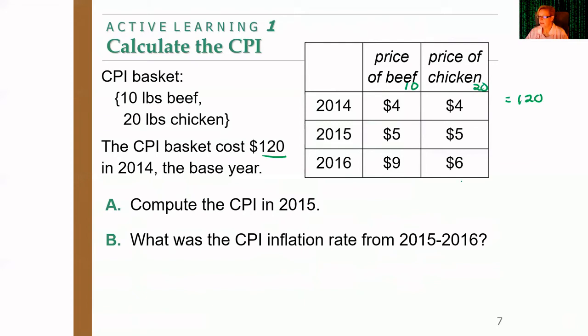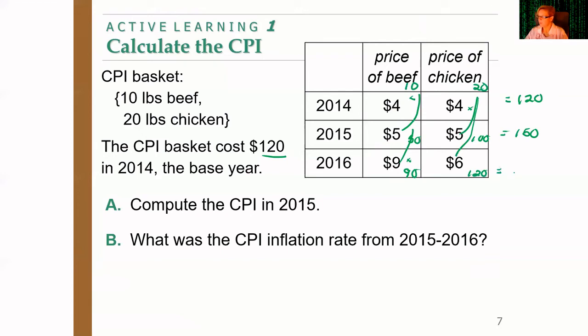So the easiest way to start is just to kind of do the basket's cost for each year. So I'm going to take 5 times 10 is 50. 5 times 20 is 100. So I end up with 150 as my basket's cost. 9 times 10 is 90. 6 times 20 is 120.